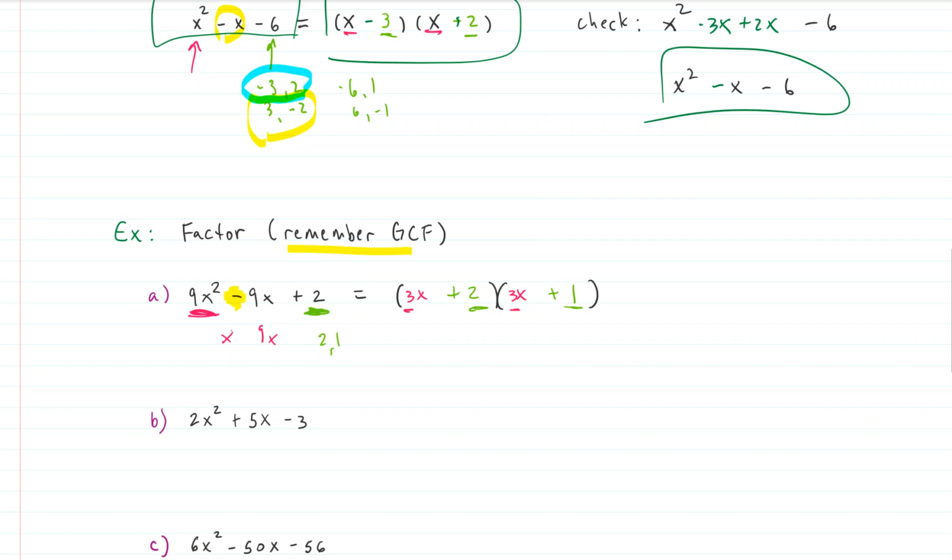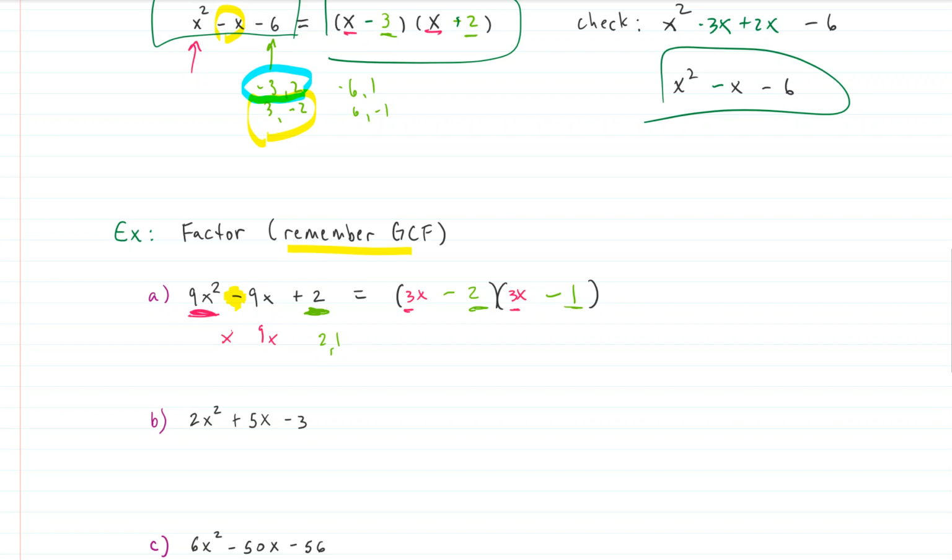We have a negative here, and in our proposed factoring, we have no negatives. So we're never going to get a negative out. When we FOIL this out to try to get the middle term to see if it is negative 9x, it's never going to be because we don't have negatives. So we need to introduce some negatives. And the only way to have a positive 2 with negatives is to have 2 negatives. So let's do negative 2 and negative 1 for our possible last terms.